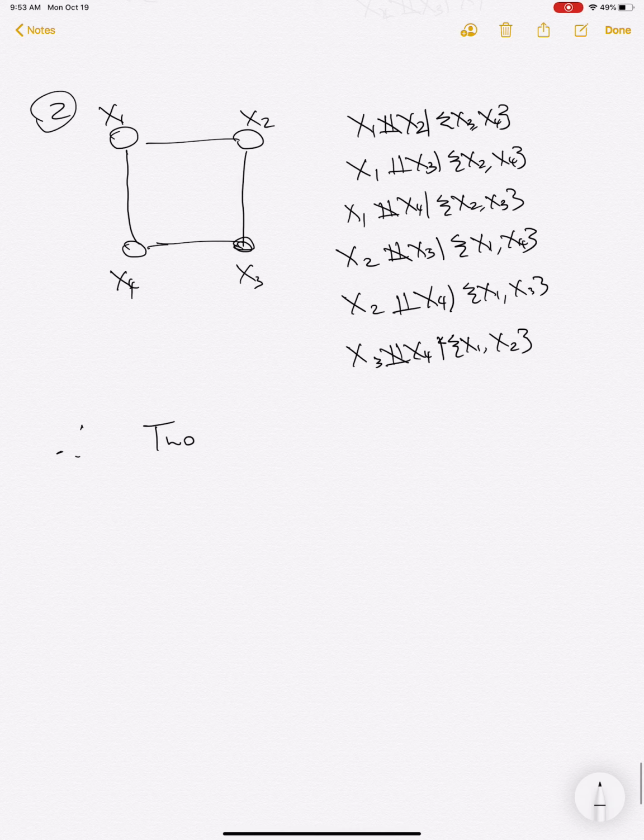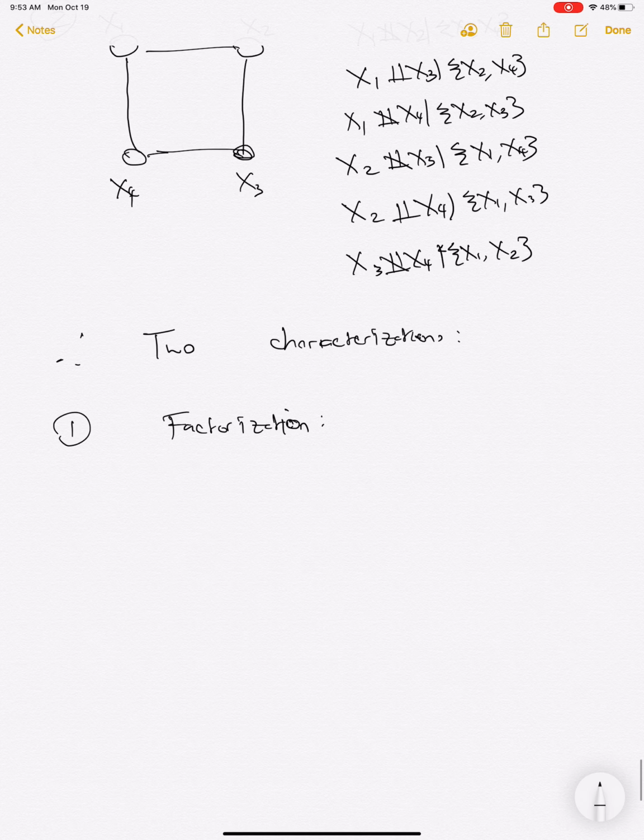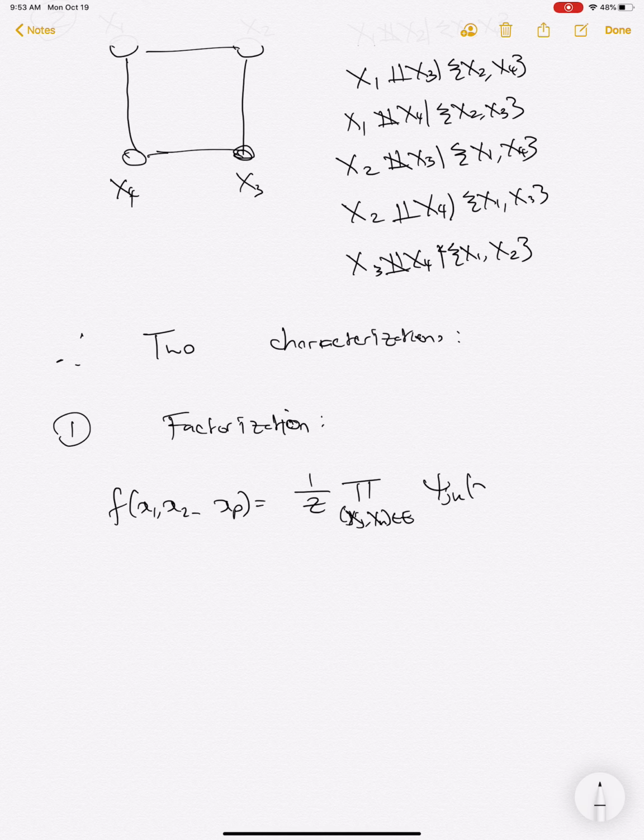Therefore we have two characterizations, just like we do in DAGs. One is the factorization, and there was this sort of weird notion in terms of potential functions.